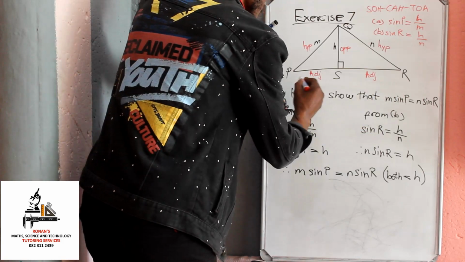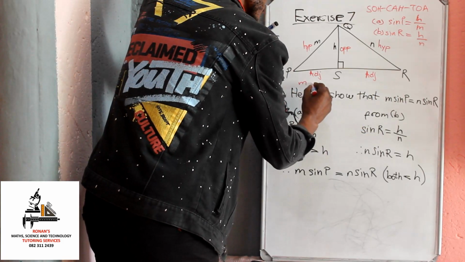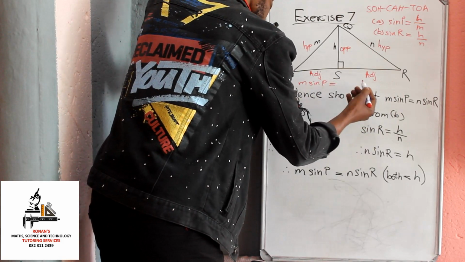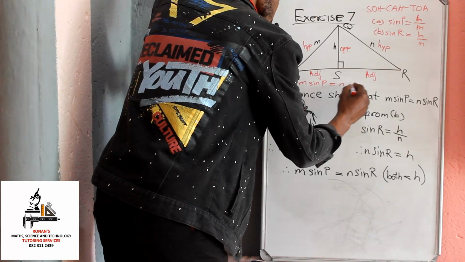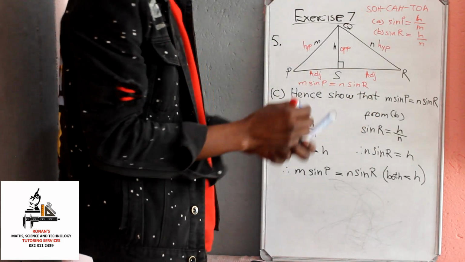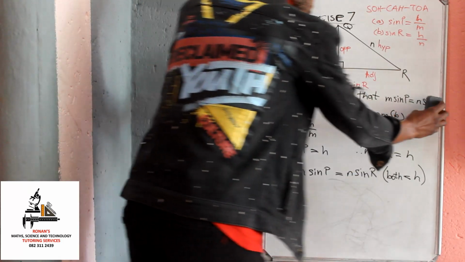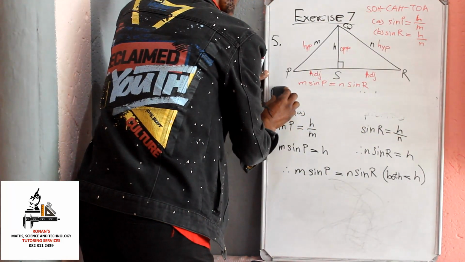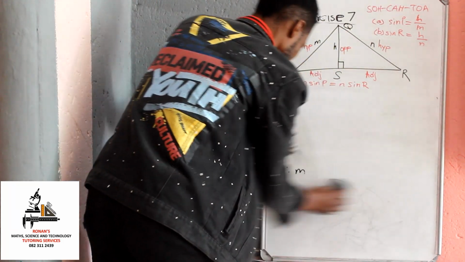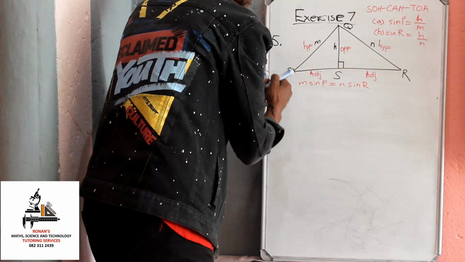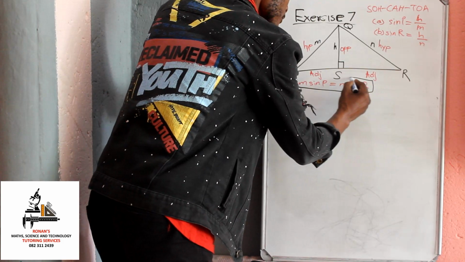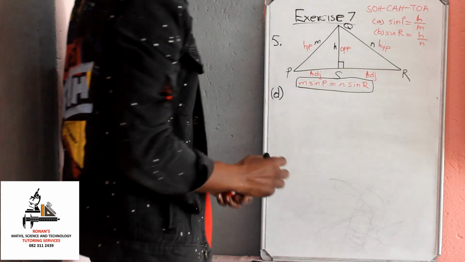Let me write it here, which is M sin P is equal to N sin R. Okay, now I'm going to rub this off so we can write D. Really should get a bigger board, eh? Alright, that's D.